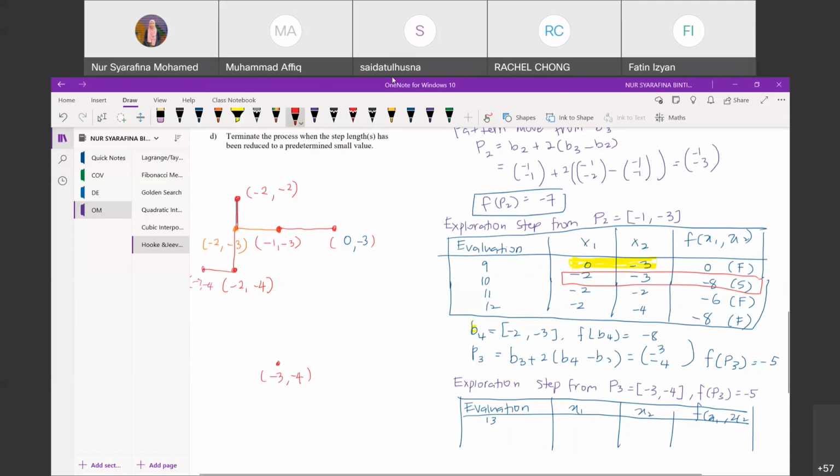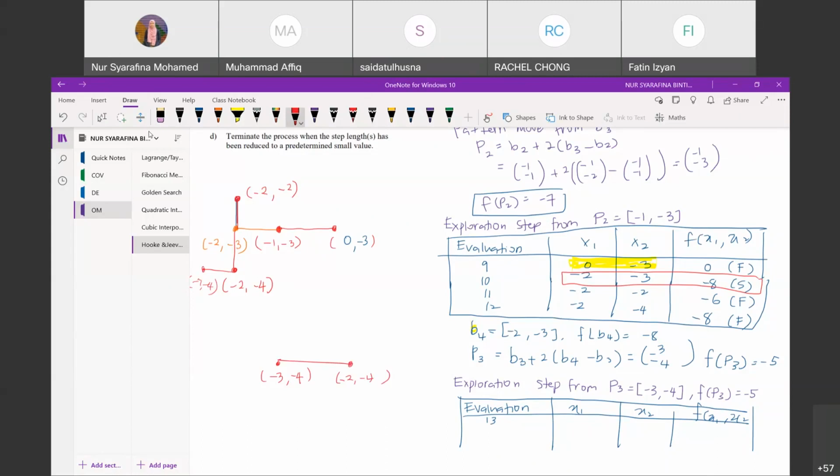This is our new pattern move. So let's just start here. -3 minus 4 to the right by h. So what is your next point, which is -2 minus 4.